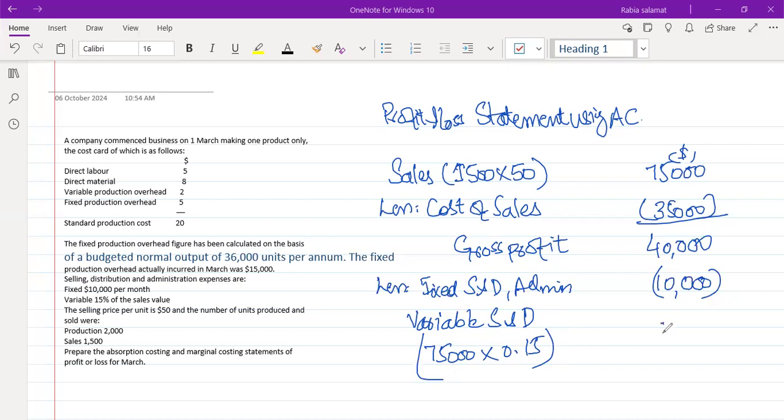You have 11,250. Add up these figures: 40,000 minus 10,000 minus 11,250. You will get 18,750 as your profit using absorption costing. Now you people try the marginal costing profit statement.